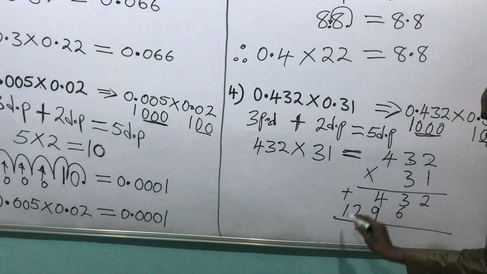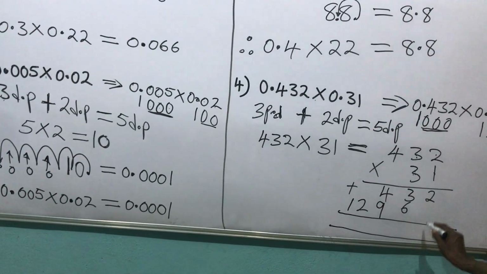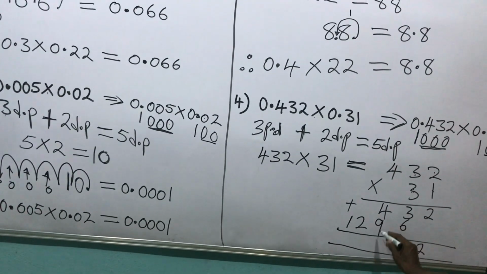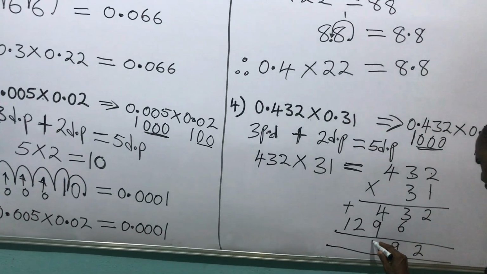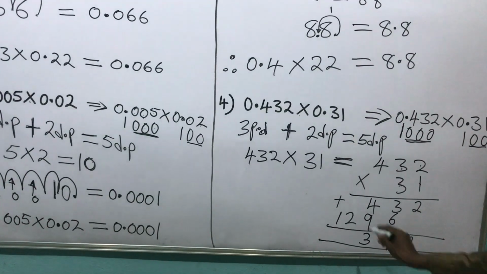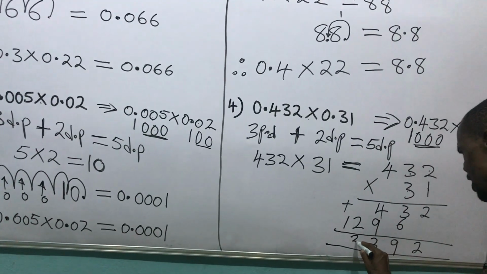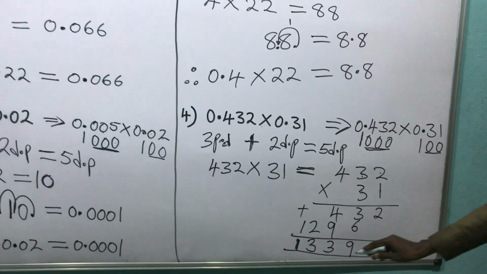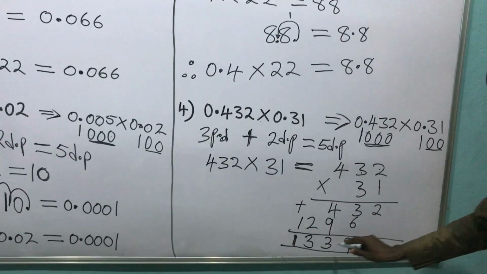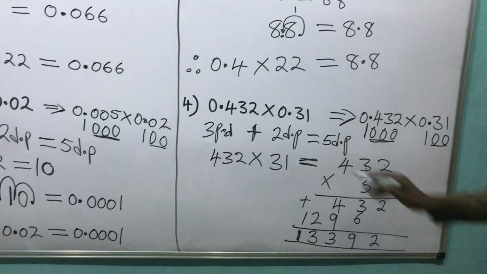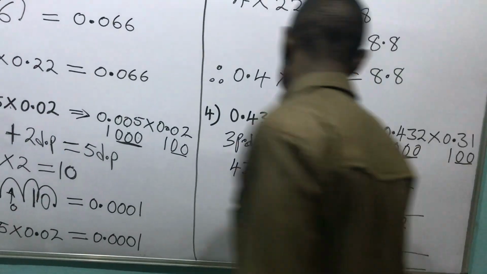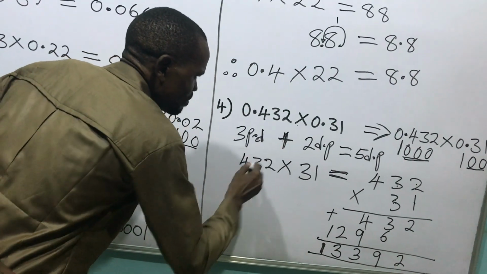Then I'm going to add: carry this one down, 2; this will give me 9; 4 plus 9 will give me 13. I'm going to write 3, carry 1, putting here will give me 3. Carrying this 1 down, I have 13392 as my product here. Then I'm going to return my decimal point.